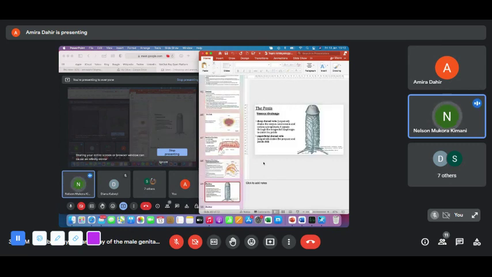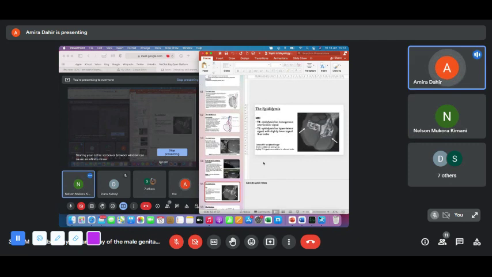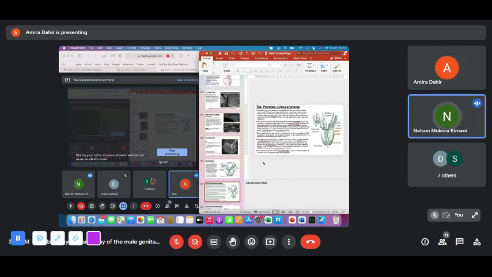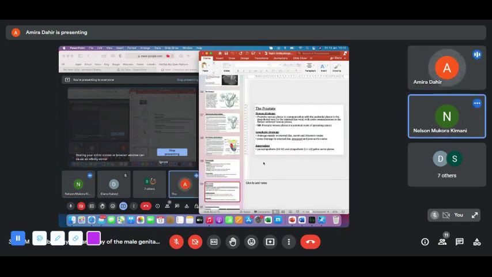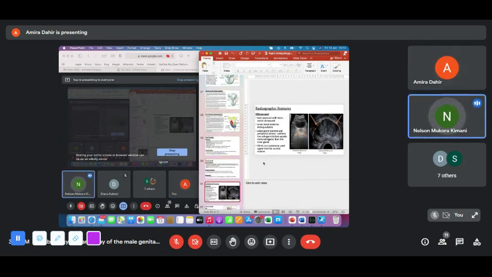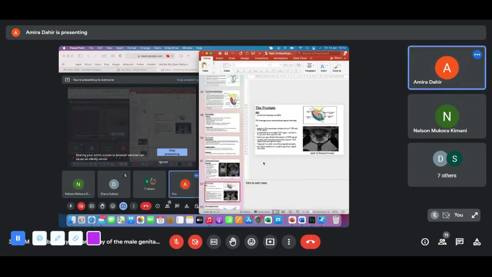Did you come across a vasogram? No, unfortunately, I haven't. I haven't heard of that, but I will read on it. You can check on it, a vasogram.